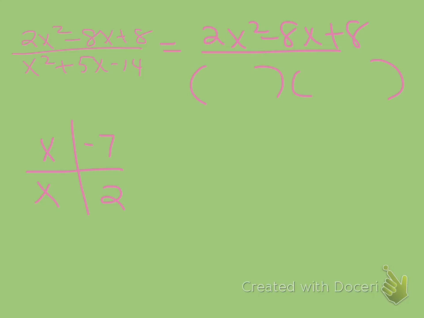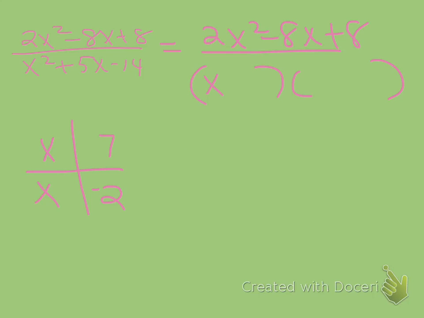Which one do you want to be the negative, the 7 or the 2? The 2. So if we did this, this would be 7x, and this would be negative 2x, which makes 5, right? Yep. So then, what do I write here?